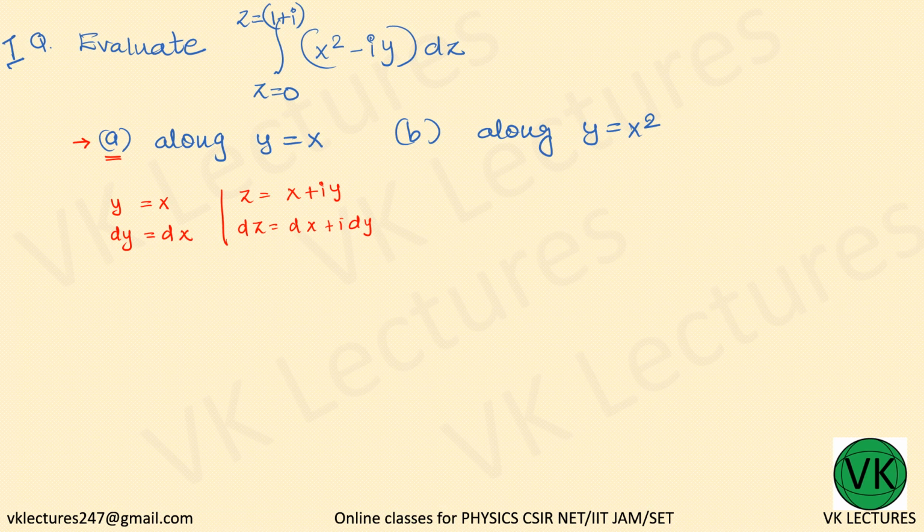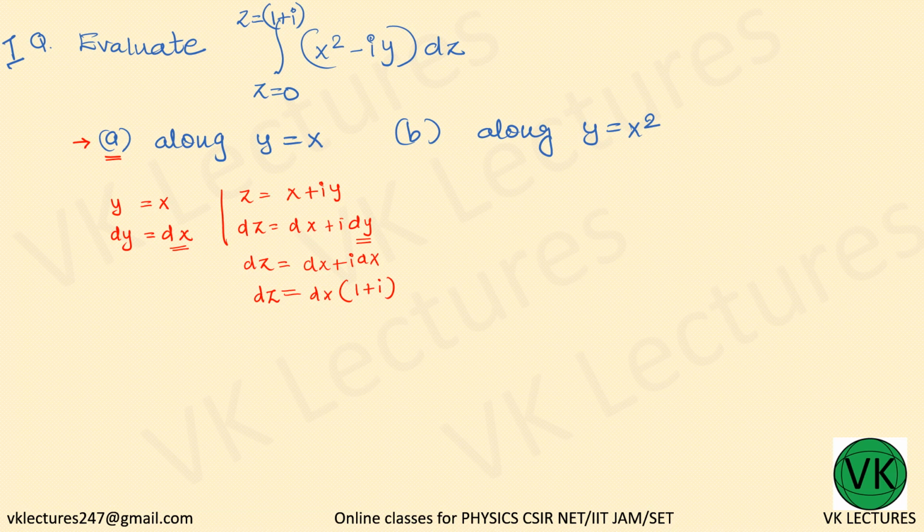In this we will replace dy with dx because dy equal to dx, so dz will be equal to dx plus i dx, so that's equal to dx into 1 plus i, which is nothing but dz.